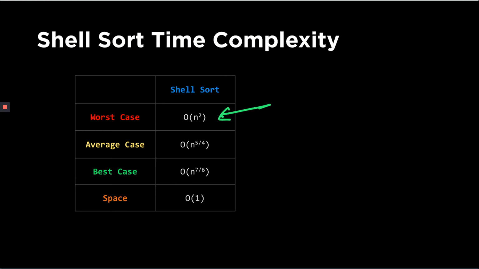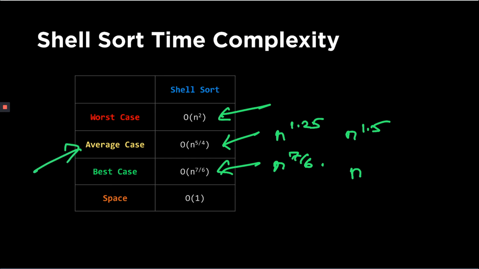In the average case, it's roughly O(n to the 5/4), which is n to the power 1.25, or n to the power 1.5, depending on the sequence. In the best case, it's roughly n to the power 7/6, which is actually a little bit worse than insertion sort, where the best case was O(n). That's a trade-off, but typically we won't have best cases. When writing code, we deal mostly with average or worst cases.